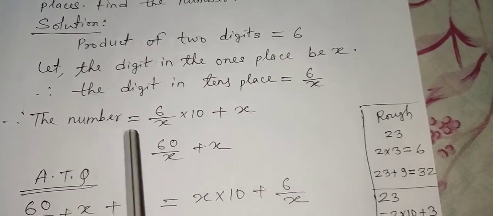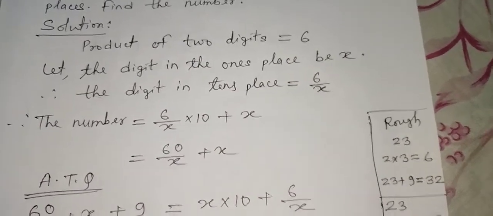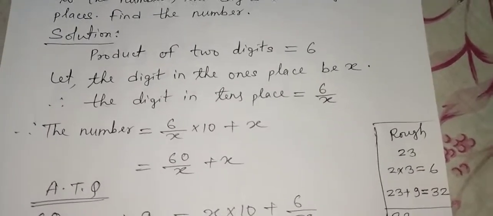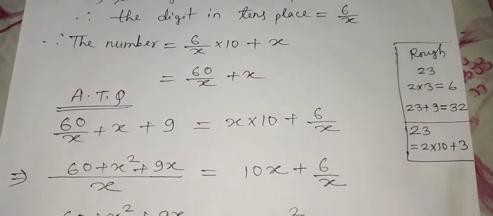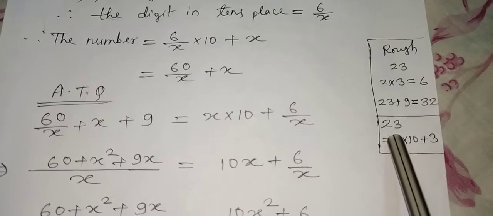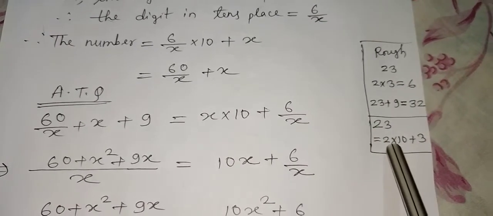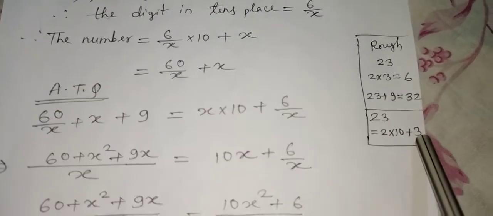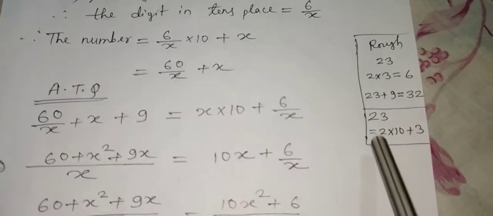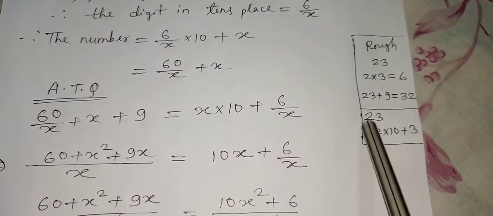So the number is equal to 6 by x into 10 plus x. Now you might be asking how it is like that. Suppose to write 23, I can do it like this also. You multiply 2, the tens digit, by 10, and the ones digit you just add. Then the result is 23. How? 2 into 10 is 20, 20 plus 3 is 23.